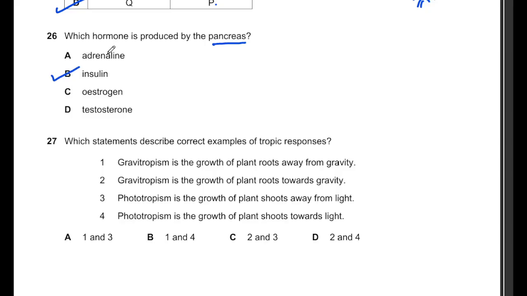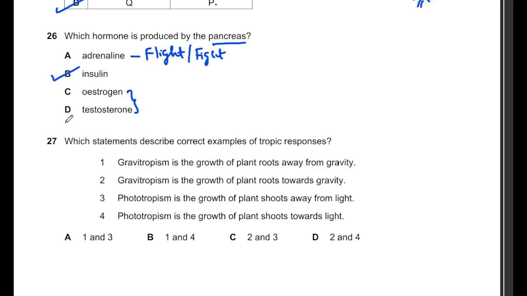Adrenaline is also a hormone, but it helps you fight or flee the situation. Either face the situation or fight the situation, or run away from it. Estrogen and progesterone are with the sex organs, right? Ovaries and testes. So nothing to do with this one.